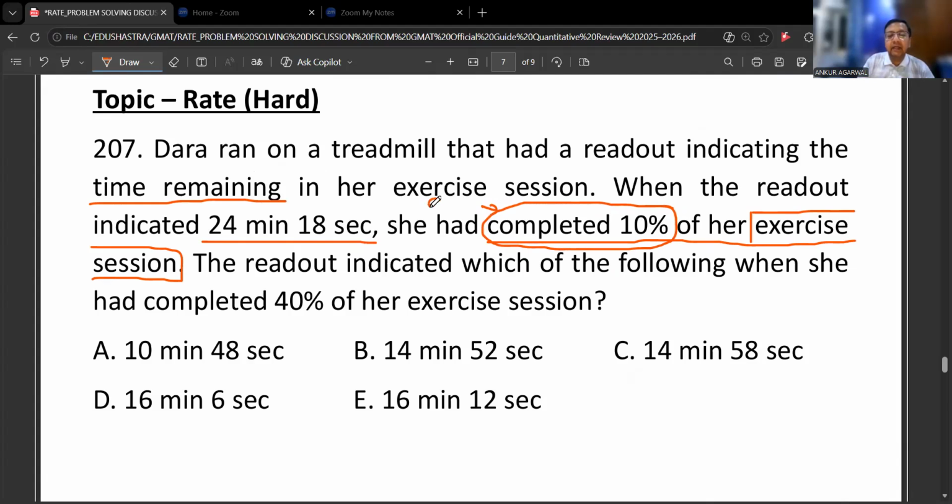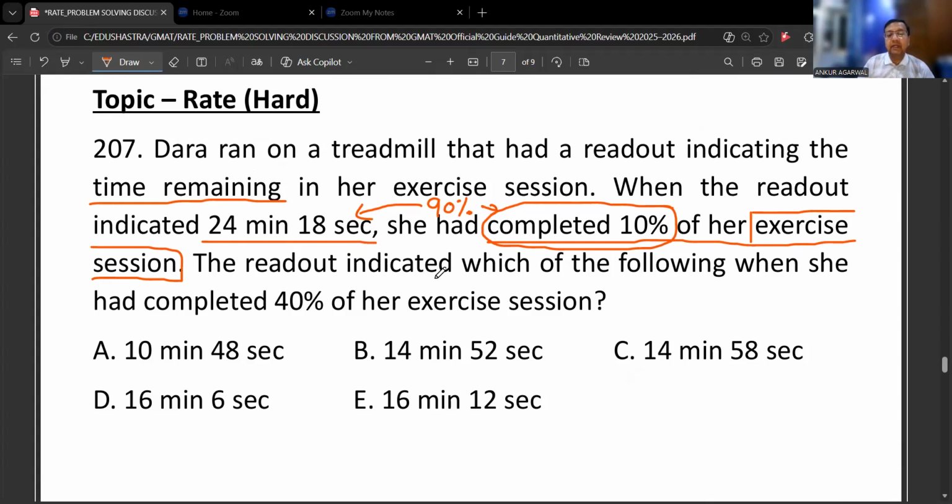The remaining is what? 90%, right? And this time, 24 minute and 18 second is basically what? This is equal to 90% of the total time, right? Whatever the total time is there, this is representing the 90%, right?